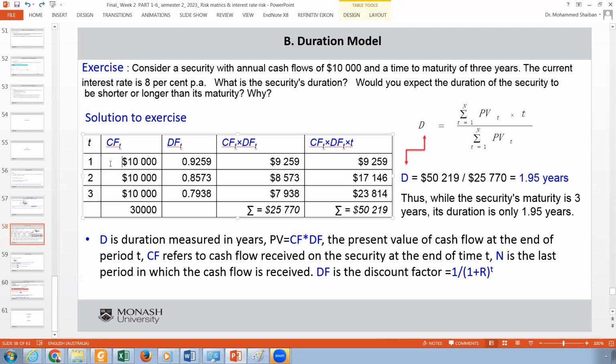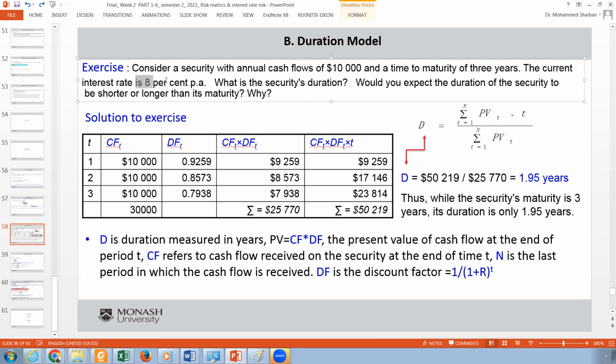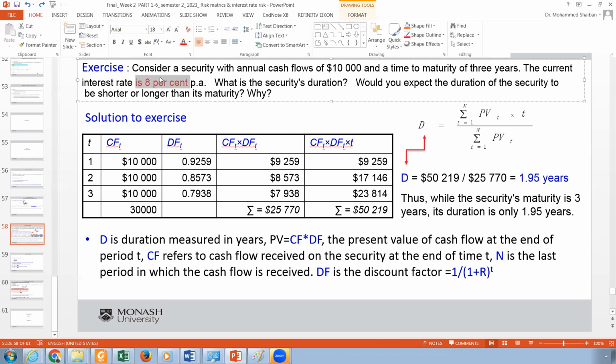If you look at the first payment, if I want to discount it for the first year, this is the present value. You can just divide this 10,000 over 1 plus the interest rate, which is 8% here. You just take 10,000 over 1 plus 8% to the power of 1.